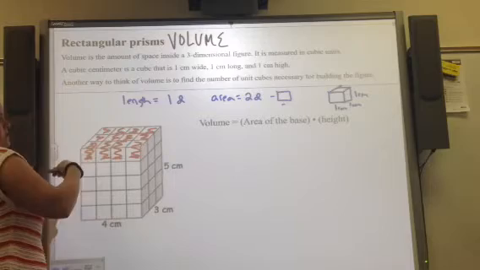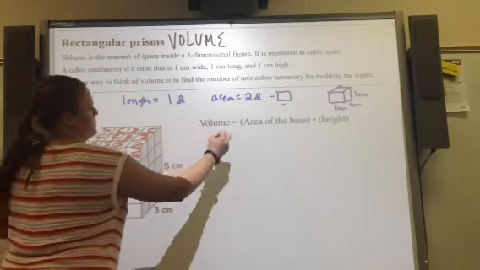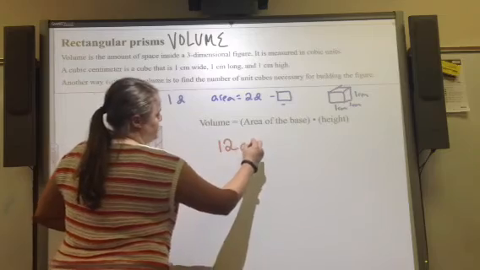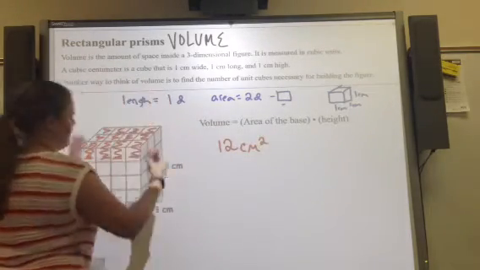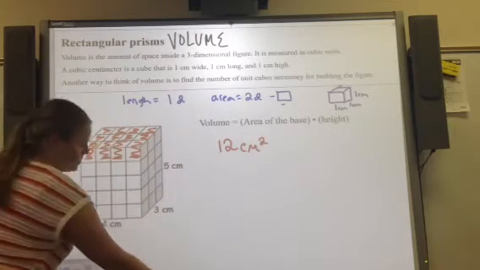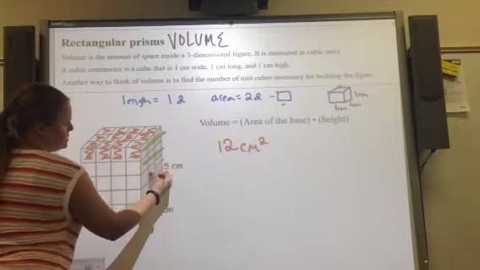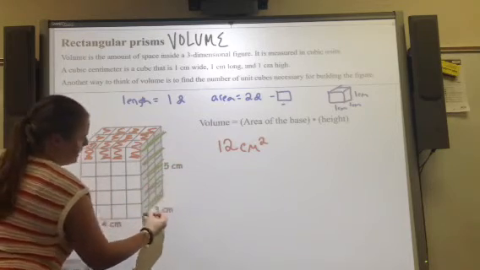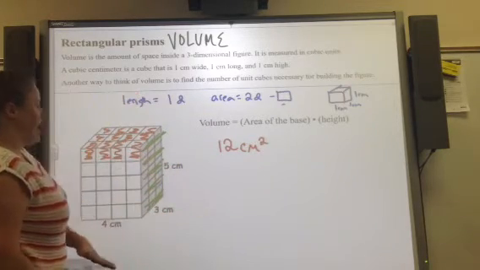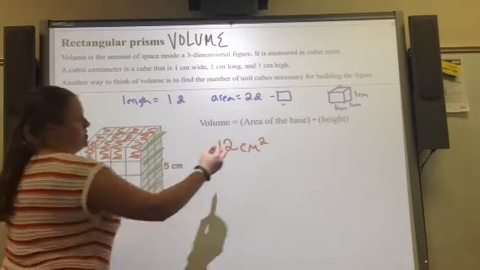There are 12 cubes on the base of this figure. So 12 square centimeters is on the top of that unit. And there's 1 level of it, 2 levels, 3 levels, 4 levels, 5 levels. So that's what we multiply by the height, because there are 5 groups of 12.